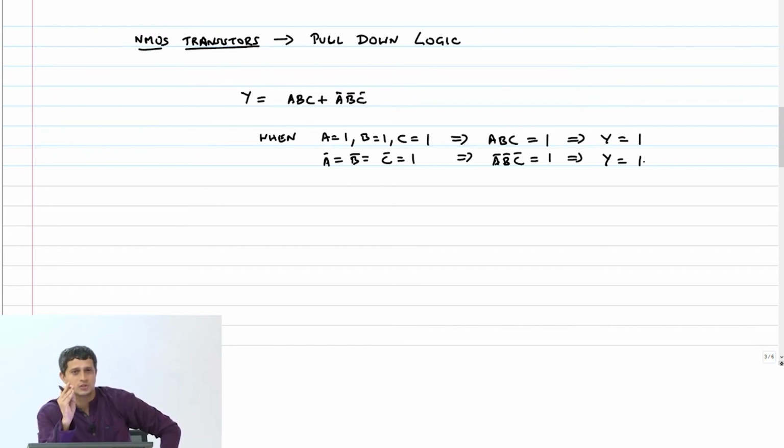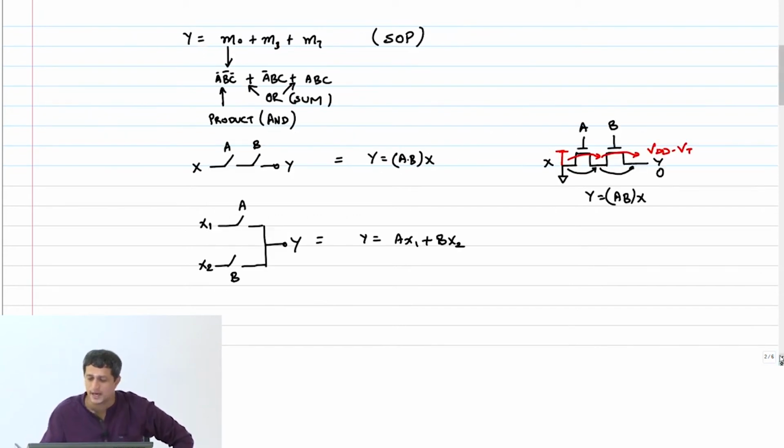So the inputs that are going to control these switches are active high inputs. Okay? And when any of these minterms get activated, the output has to go high. Now this active high input is not a problem, because naturally the NMOS transistor has an active high input.